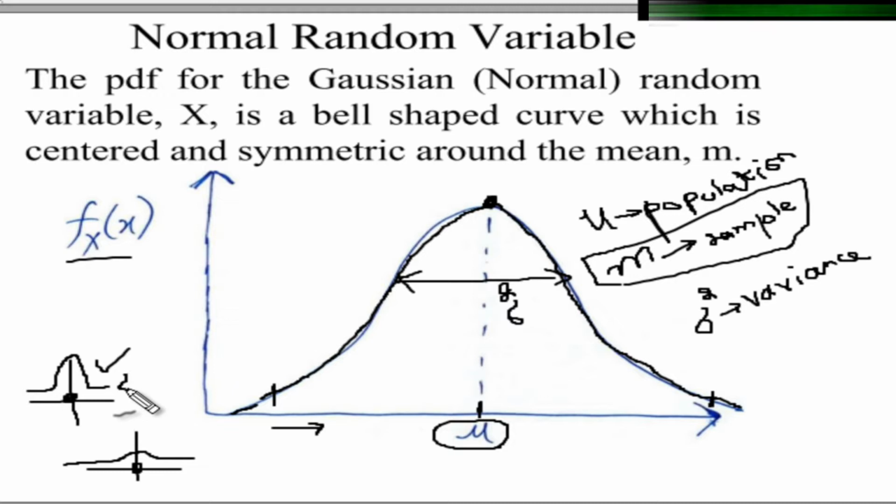If variance of this is represented by sigma 1 square, and variance of this is represented by sigma 2 square, then you will see that sigma 2 square is greater than sigma 1 square.